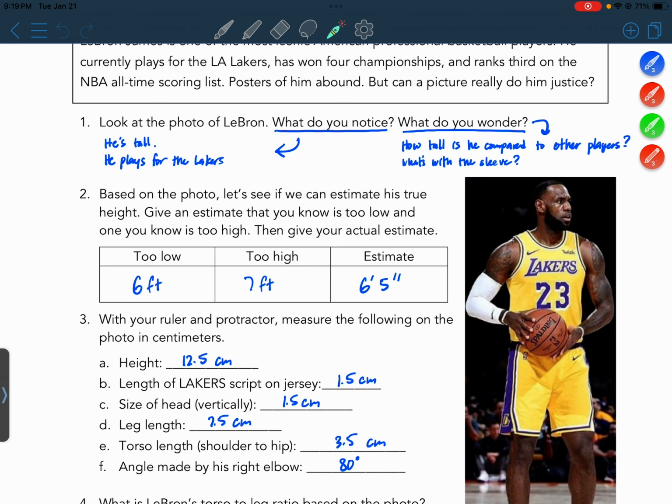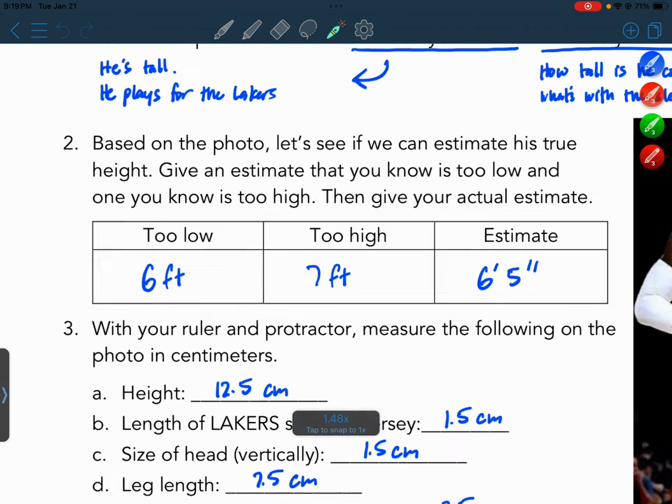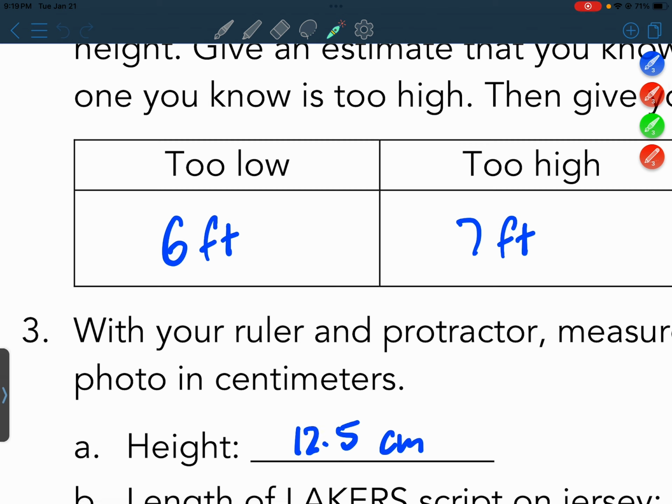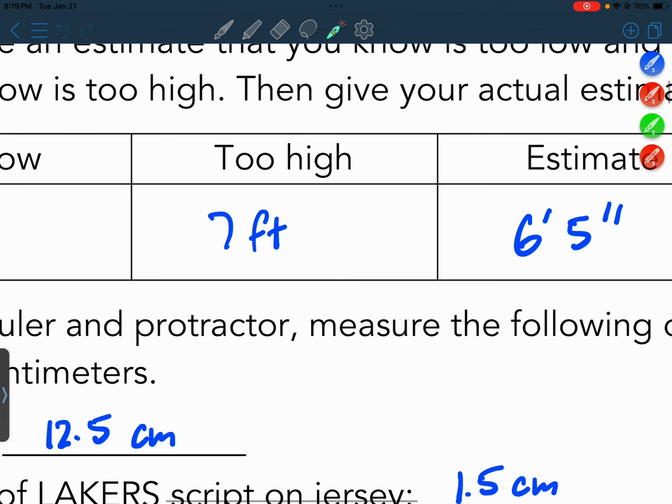All right, question number 2. We're making 3 guesses for how tall he actually is. So 6 feet would probably be too low. There's probably some 6-foot tall players in the NBA, but usually you got to be much taller than 6 feet to play in the NBA. All right, 7 feet. That's obviously too high of a guess. The tallest players of all time are like 7 feet tall.